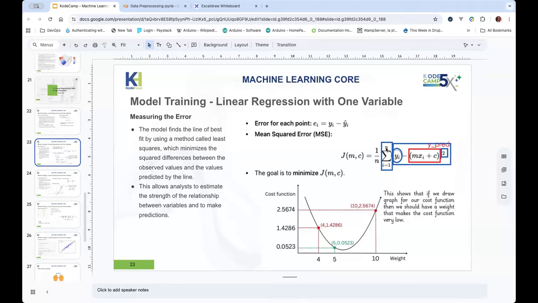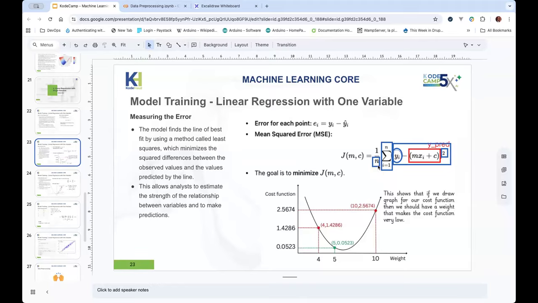I equals 1 to n means there are n data points. I have added n total squares together. So I have what we call the sum of squares, or squared error, SE. The sum of the squares of the error. Then I divide it by n, the total number of elements.